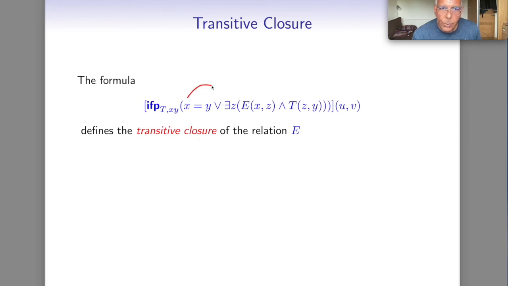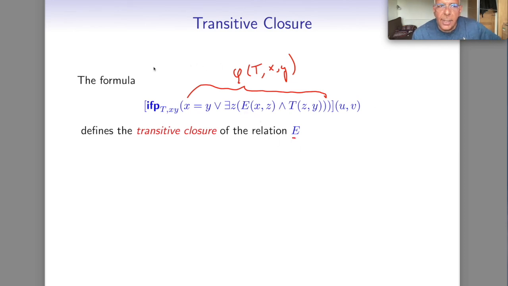Here is a first order formula phi, and I think of the binary relation symbol T and the two first order variables x and y as free variables, so T and x and y are bound by this fixed point operator. I'm going to interpret this in structures which have a binary relation E.